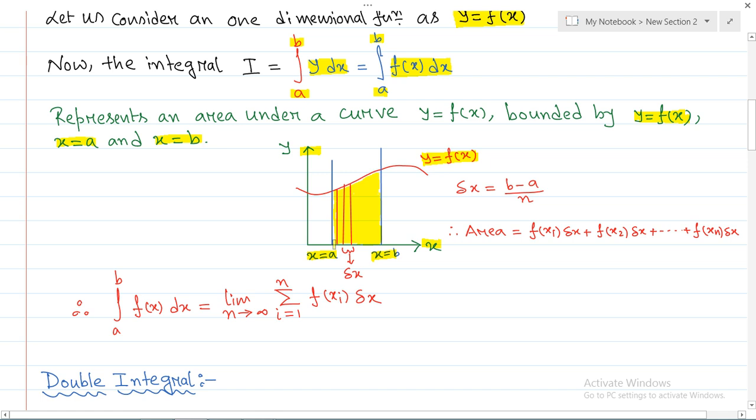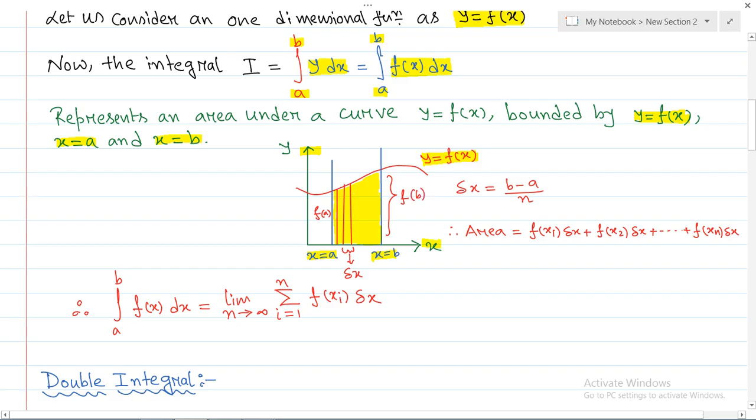We have to draw perpendiculars from x equals a to the function and from x equals b to the function. So this height we can write as a function of a, that is f(a), and this height you can understand as f(b).